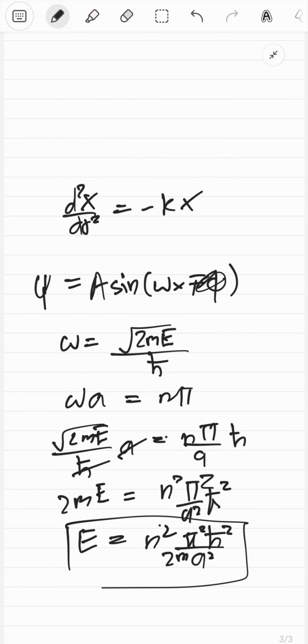The full solution is basically given by, well, n is some integer, right? Let's choose it to be 1 or 2 or something like that. Then let's say you choose it to be 0. You would be getting some solution corresponding to that, psi sub n, right?